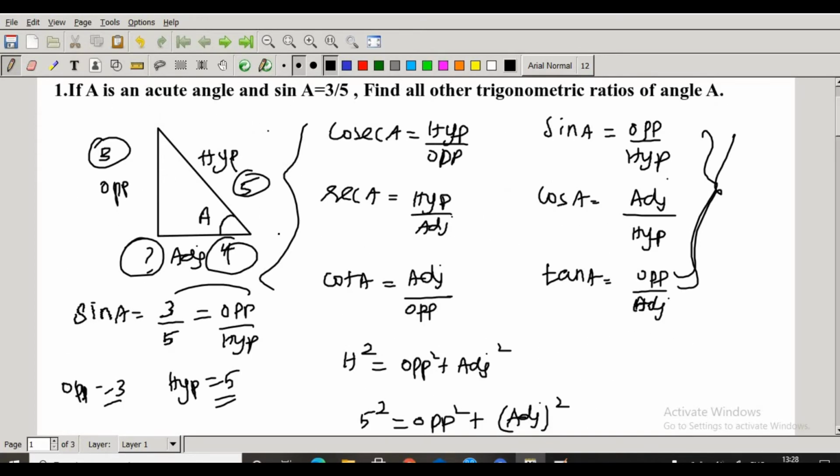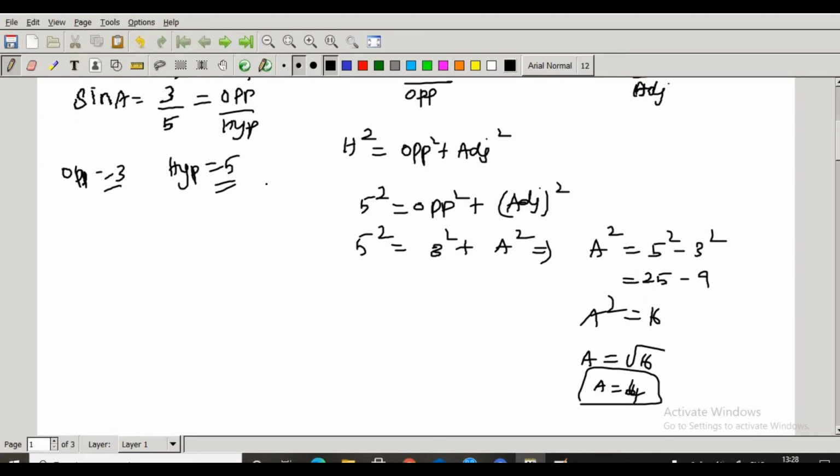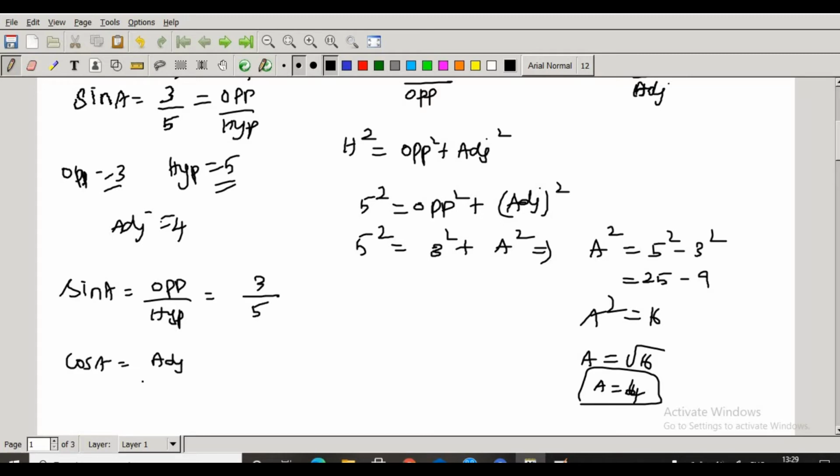That's it. Now we're going to find the other trigonometric ratios, because we have the values of opposite, hypotenuse and adjacent. Here adjacent is simply 4. So sin A is equal to opposite by hypotenuse, that is 3 over 5, and cos A is equal to adjacent divided by hypotenuse.